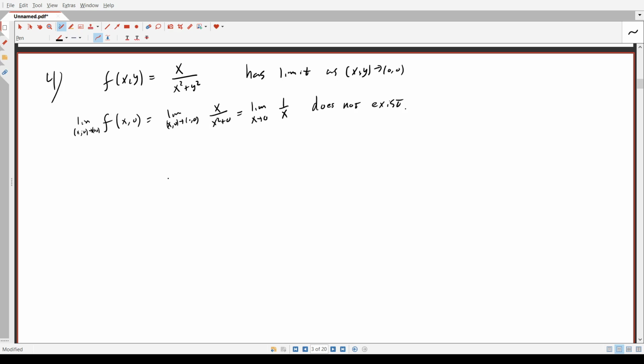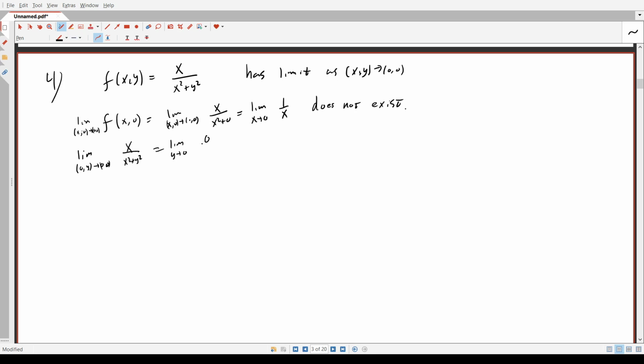But let me just show you that if we do this with y instead of x fixed at 0, what we get is something different. So this is the limit as we're plugging 0 in for x and we're just letting y go to 0.